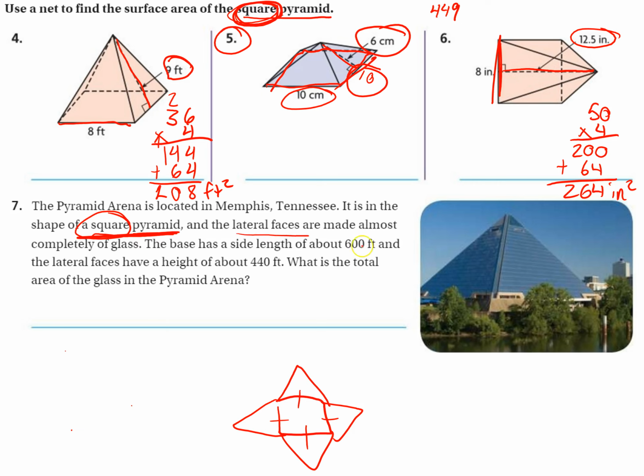And the lateral faces are made almost completely of glass. The base has a side length of about 600. So the base is 600 feet. And the lateral faces have a height of 440 feet.